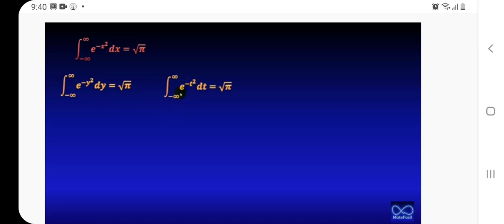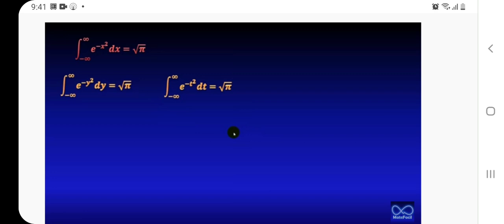La integral de menos infinito a infinito de e a la menos t cuadrada dt es igual a la raíz cuadrada de pi. Es decir, la variable que tengamos aquí en la integración realmente no es importante. Claro, lo único que sí importa es que la misma variable que aparece en el exponente es la que aparece en el diferencial. Y es todo. Entonces, estas tres integrales en realidad son la misma integral. Simplemente le estamos poniendo diferente nombre a la variable.